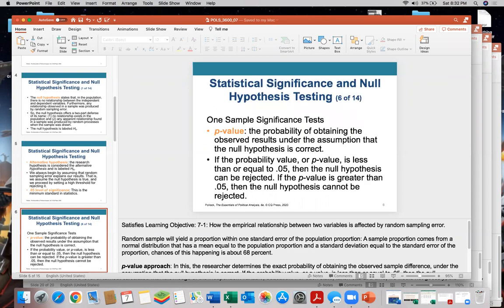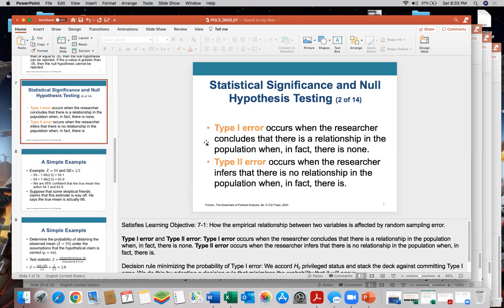We get that 0.05 with the p-value when we run linear regressions, and also any type of regression, linear or logistic. If the p-value is less than or equal to 0.05, then the null hypothesis can be rejected.